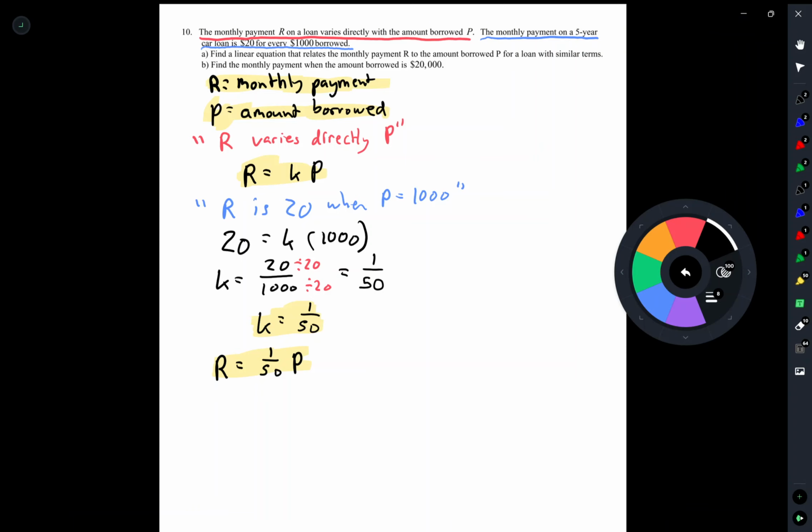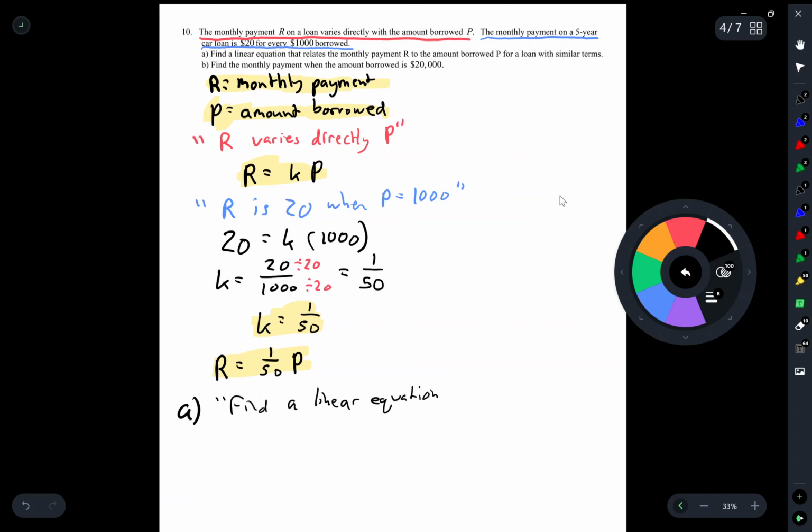Find a linear equation that relates the monthly payment R to the amount borrowed P for a loan with similar terms. So again, one nice thing that you might want to do is convert this a little bit into math, make it a little bit less wordy. So we can say find a linear equation that relates the monthly payment R to P, which is the amount borrowed.